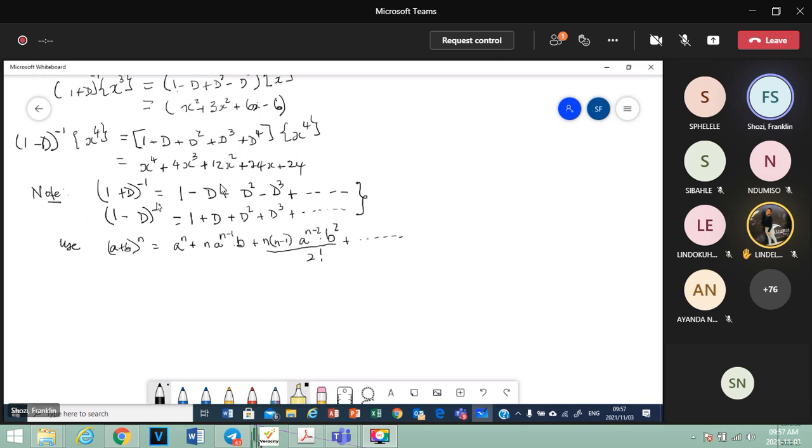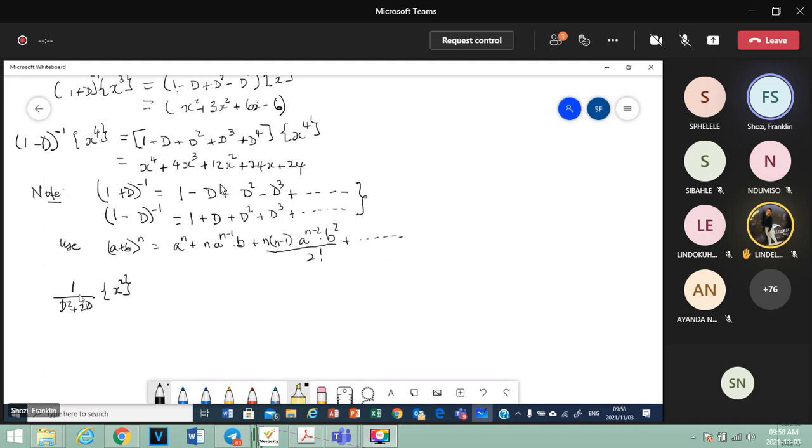Next example will be, perhaps, slightly different. So we have 1 over d squared plus 2d acting on x squared. Again, we have a case whereby the communication here is not right. We are supposed to have d or 1 over d.